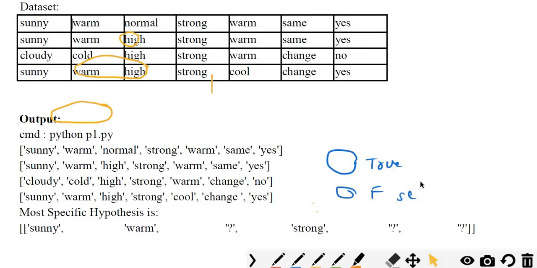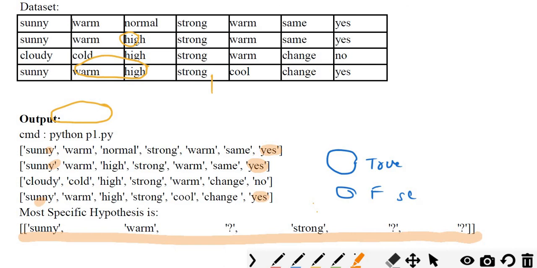you can see here, this is the data set value, and then here we will get the maximally specific output. For sunny, here it is also sunny; we have to take only the positive data set. Sunny and here it is sunny, so no change.